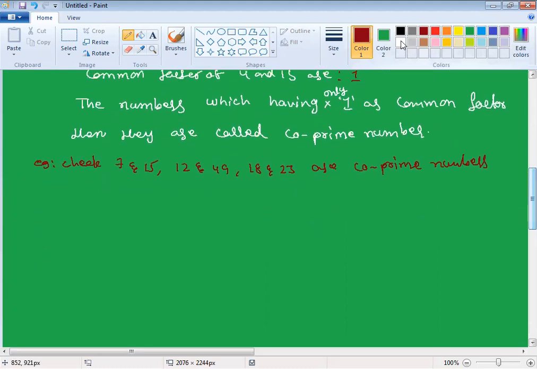Okay. Now come to the continuation. So this we have done: how we can find the factors and how we can find the common factors.